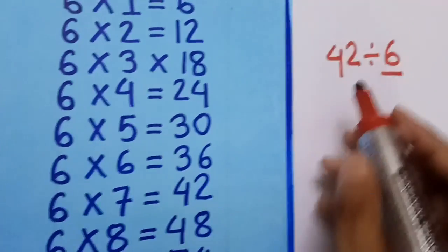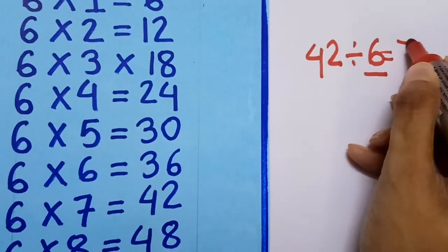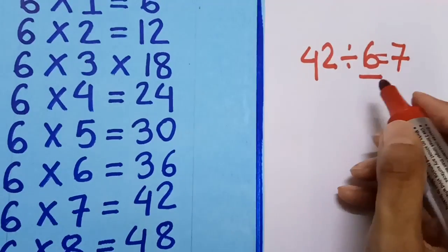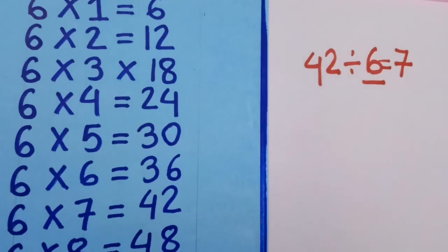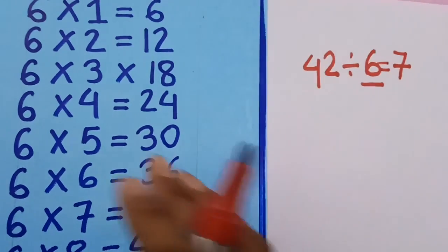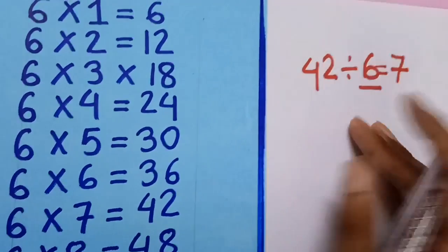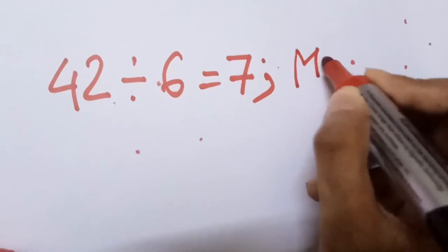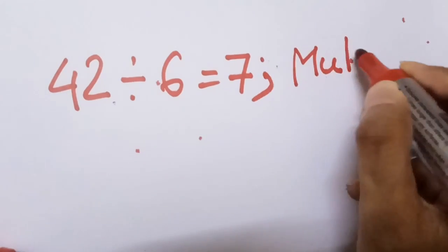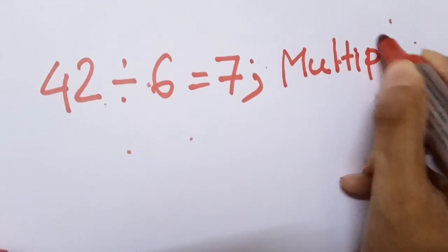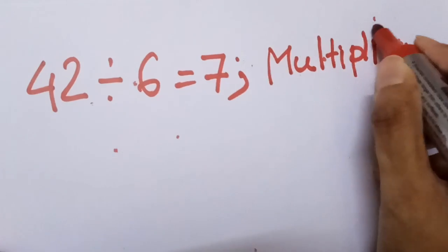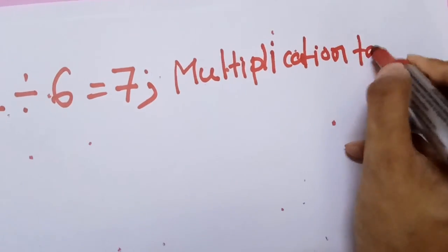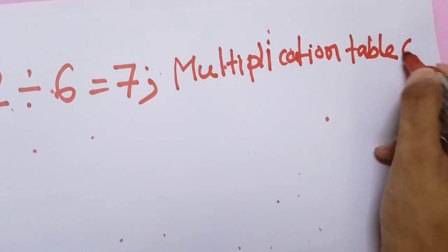Then the answer will be 7. And you have to write which multiplication table you have used for solving this. Then you have to write like this: multiplication table 6.